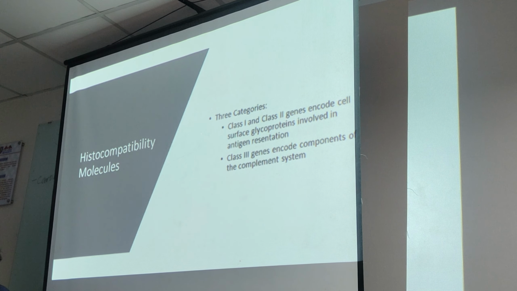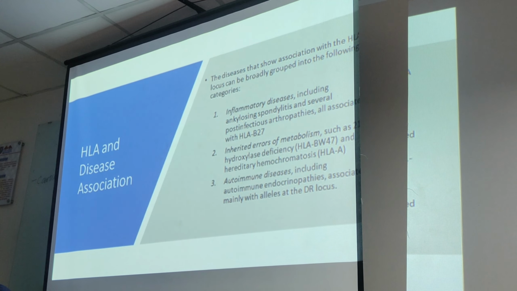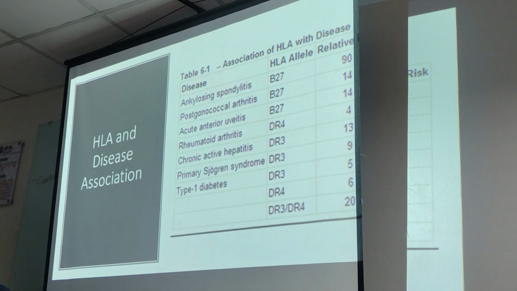There are 3 types, class 1 and class 2, and class 3 is important for encoding complement. It's also linked with several diseases because it is genetically linked in terms of inheritance. So inflammatory diseases, inherited errors of metabolism, and autoimmune diseases are also linked to this. Right, so it has associations with HLA and disease, which are listed.